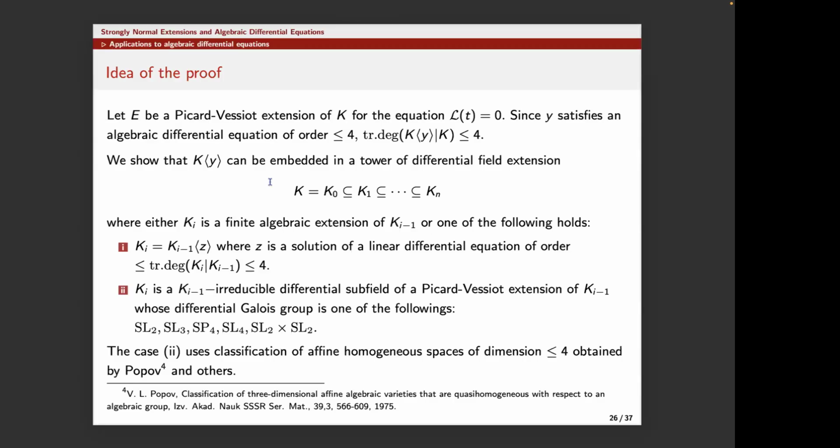So case 2 is basically a differential subfield of a Picard-Vessiot extension whose Galois group is a semisimple algebraic group.